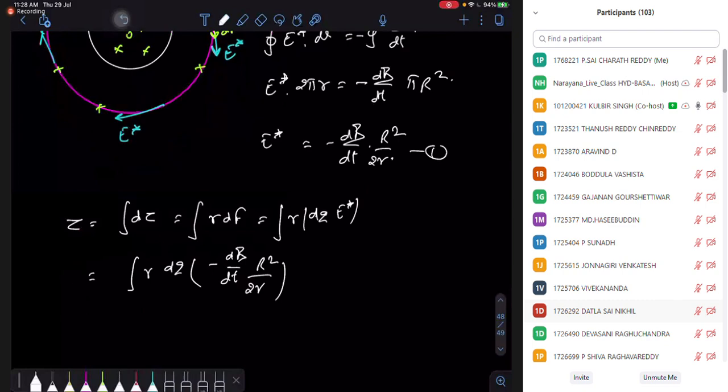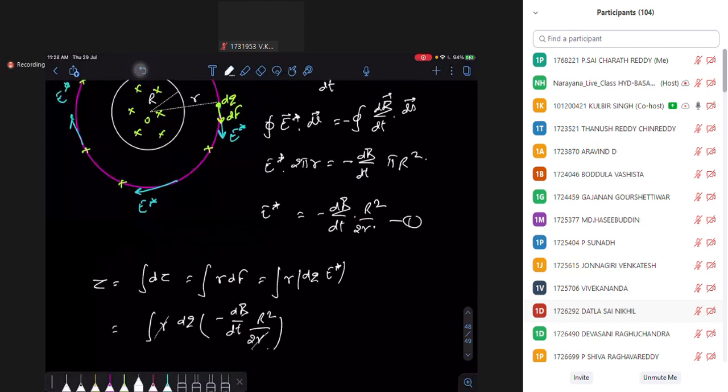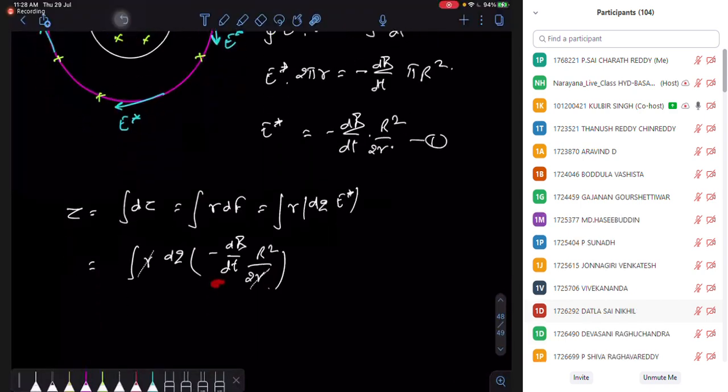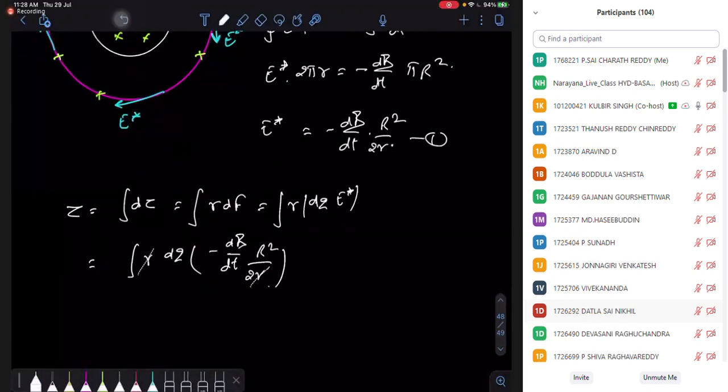Does anything cancel out? Yes, my small r here is cancelling out. Now this integration is over the charge elements. So in this integration, the time variation of the magnetic field does not play any role. You are taking the integration over the small pieces, so time has no role. Time is outside of this integration.